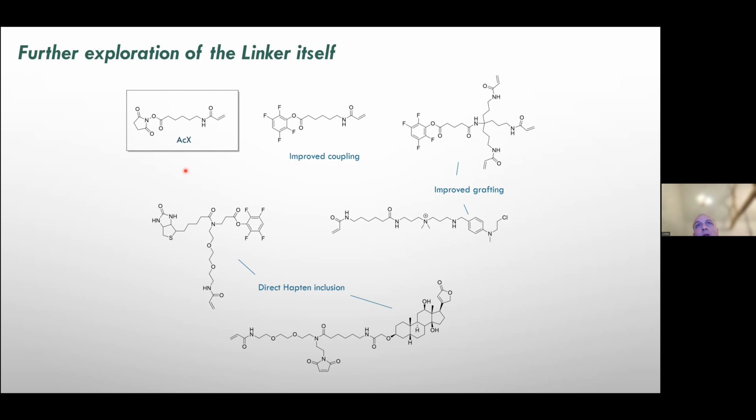But the linker itself is not without use. On the left here, you see the one that is used most, which is ACX. What we've done is we've made variants of this with improved coupling efficiency. This is a tetrafluorophenol ester, which is more reactive and more water stable, so it will not hydrolyze as quickly when you're tagging your antibody or your proteins.